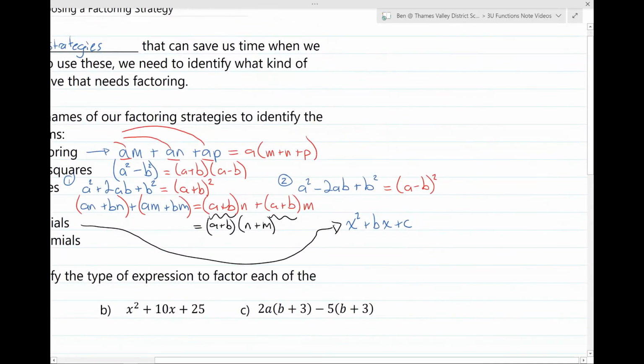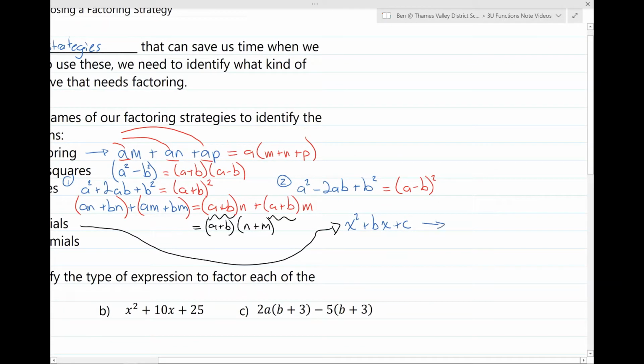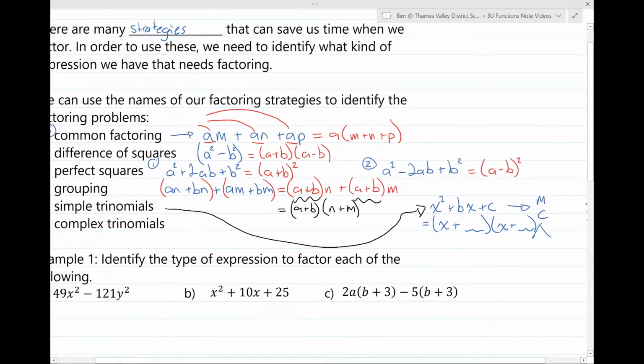When you're factoring something like this, you're looking for a number that multiplies to c and a number that adds to b. Your final answer would end up (x plus something) times (x plus something), and really that's plus or minus something depending on the sign of the final term.